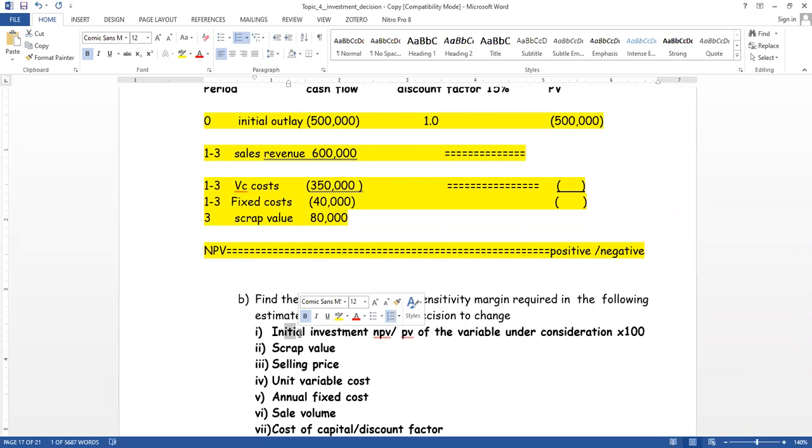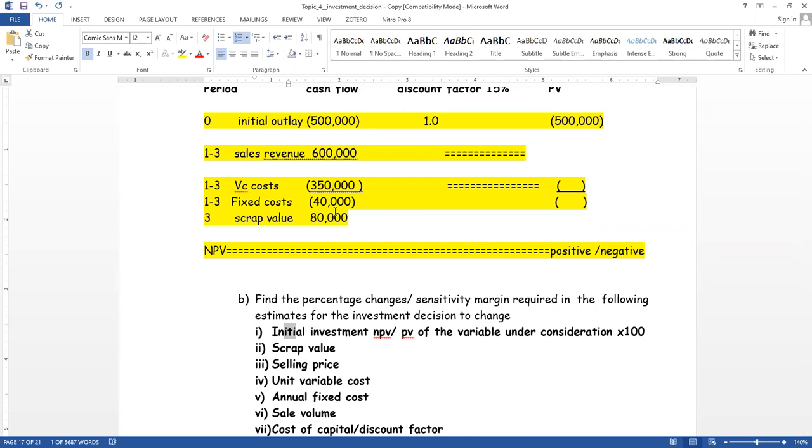Because for outflows, if the outflows are increasing, remember we say that sensitivity looks at one variable at a time. That is one of the drawbacks. We assume that the other variables have remained constant. Okay, they have not changed. So if my initial outlay increases by a certain percentage, and you find that the other variables, the sales revenue and maybe these costs, have not changed, then my decision will no longer be viable.